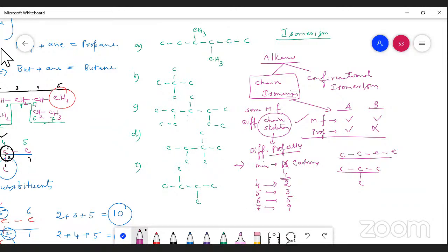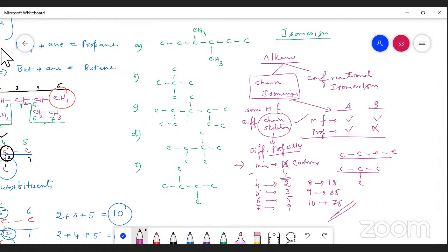If 8 carbons, 18 chain isomers. If 9 carbons, 35 chain isomers. If 10 carbons, a total of 75 chain isomers.